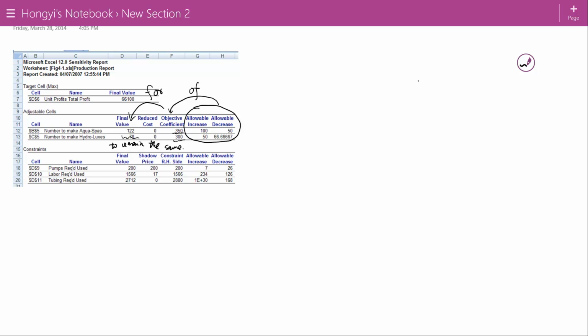Okay, and then a special case. A 0 here means, okay, think about the graphical solution.